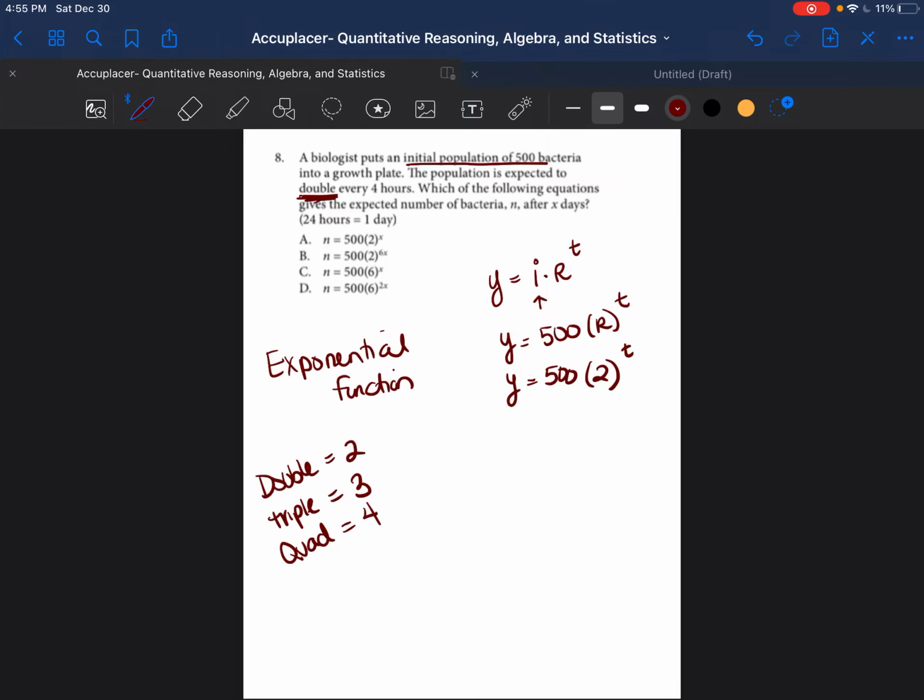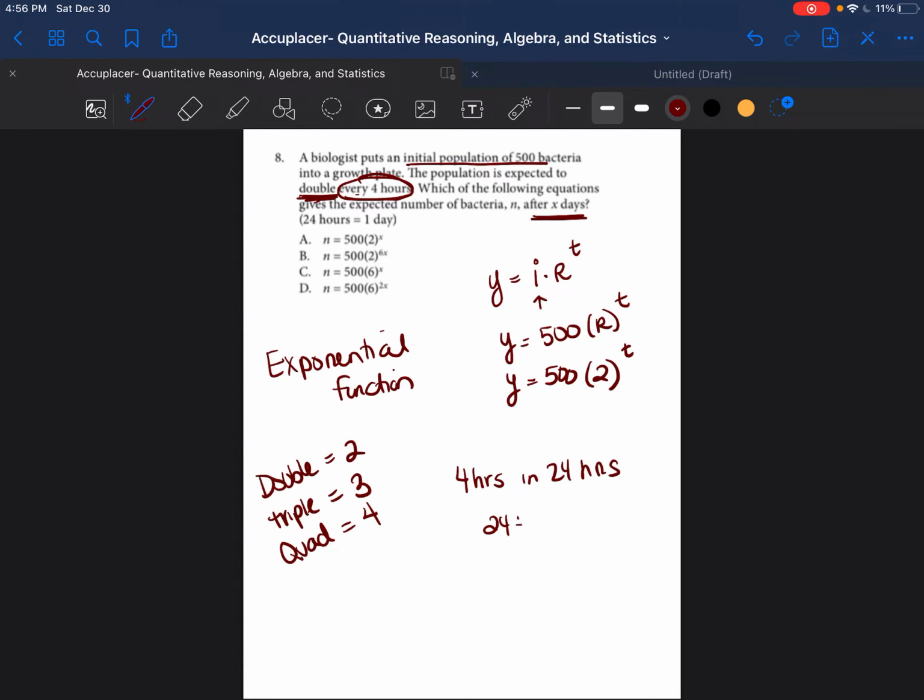So now it says it's every 4 hours, but we have to be very careful to not just put 4 as a time. Why? Because they want to know how much we're going to have after X days, not X hours. So then we have to say, okay, how many 4 hours are in 24 hours?